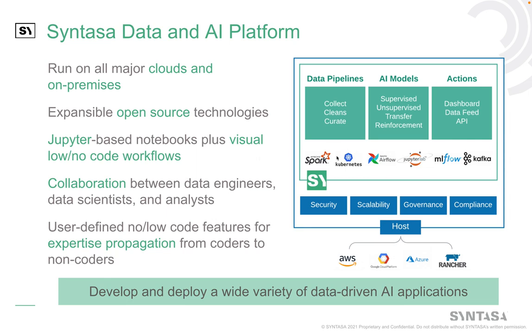And it is ideal for collaboration between data engineers, data scientists, and analysts. What's really unique about it is that in most other tools, collaboration is siloed within the different groups. But in this case, it does not really require collaboration only with people who are all coders.